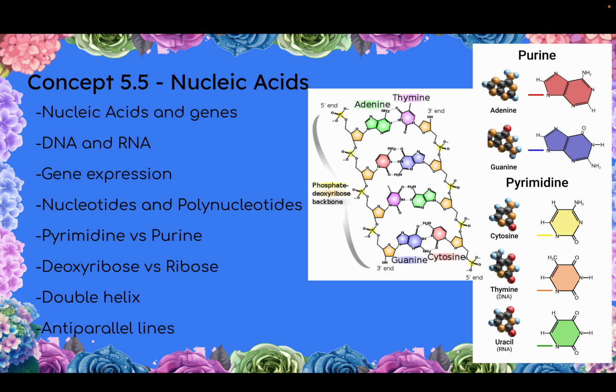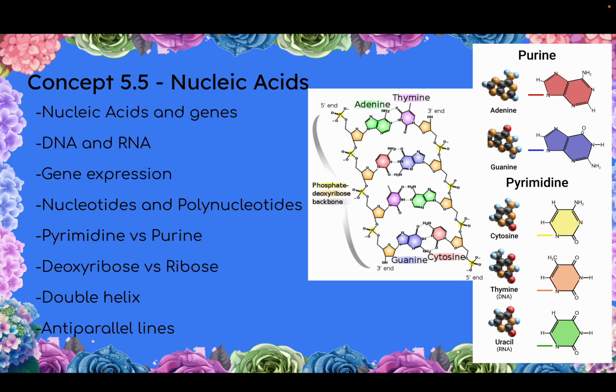Okay, so there are two types of nucleic acids, DNA and RNA. DNA is the genetic instructions, and RNA controls protein synthesis. What happens is DNA codes and makes RNA.